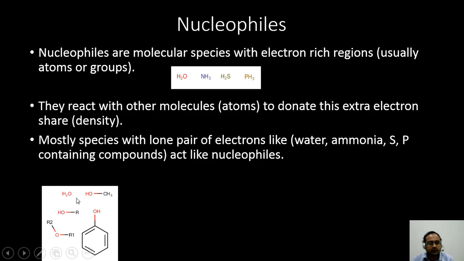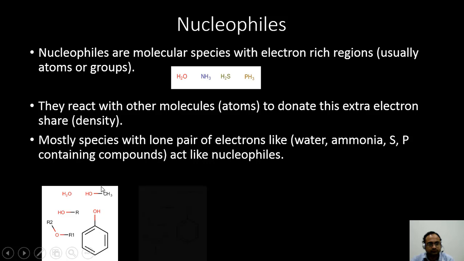Some more examples can be seen here where water, methanol, or any alcohol, or ether, or phenols for that matter, all contain an oxygen atom with two lone pairs of electrons. Therefore, they behave like nucleophiles.